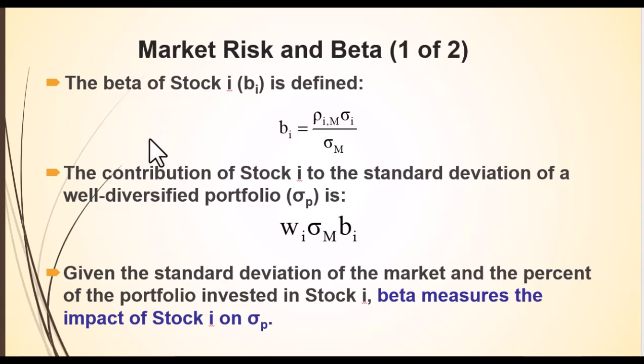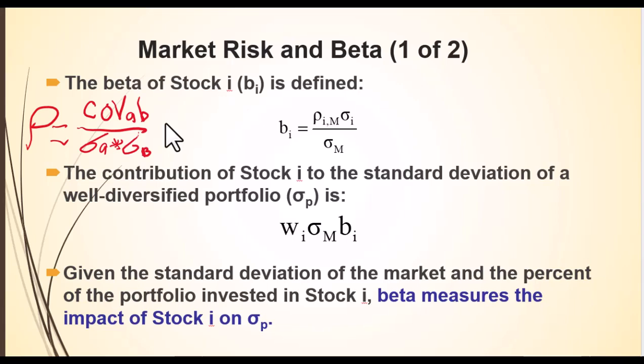So beta, as a calculation, is a measure of market risk. It's actually very similar to the formula for correlation. So let's look at that real quick. Correlation is covariance between A and B divided by standard deviation of A times standard deviation of B. And we said that this correlation has to be between +1 and -1.